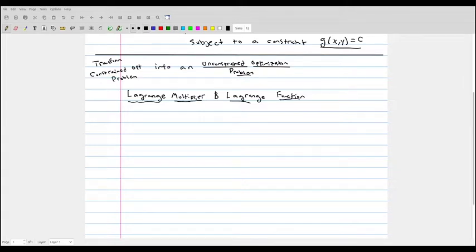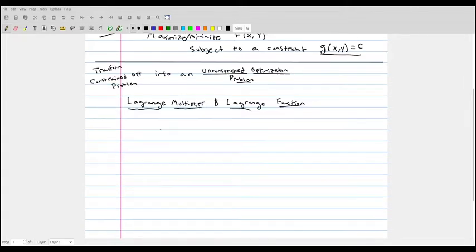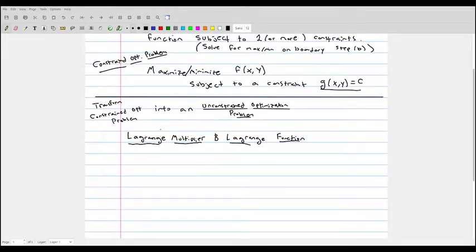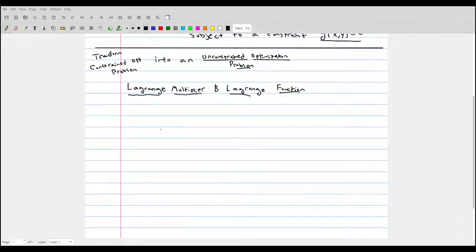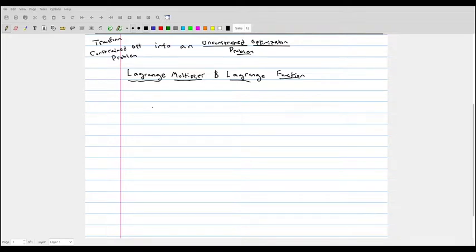For this problem that we're considering now, a function of two variables with one constraint, the Lagrange function is going to be a function of three variables: the two original variables, and a new thing that we'll call the Lagrange multiplier. We'll call it lambda. So lambda here is the new Lagrange multiplier.